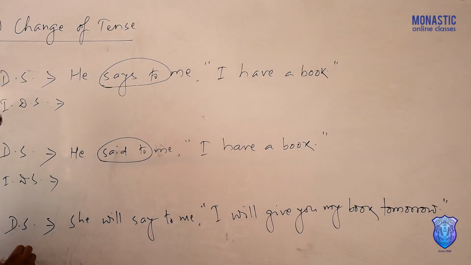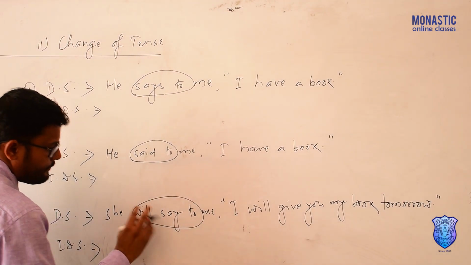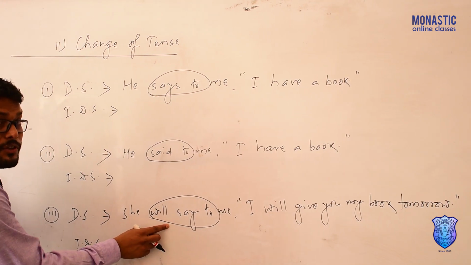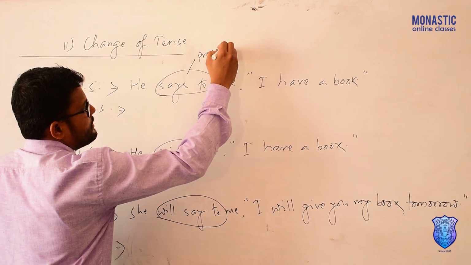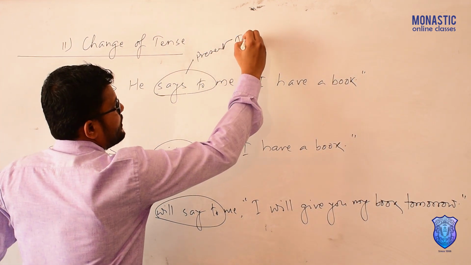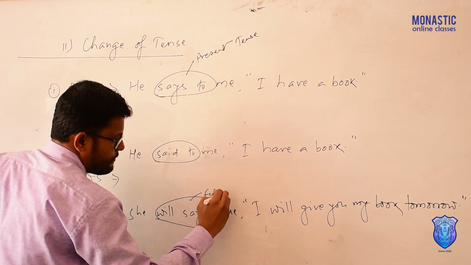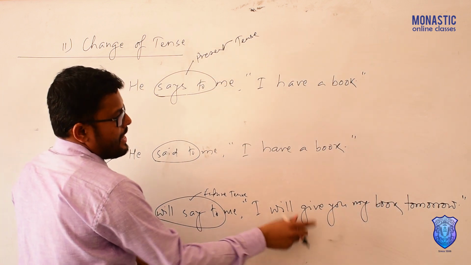You can see that the reporting verb of this DS is in the future tense. So when you find that the reporting verb is in the present tense or in the future tense, we should not change the tense of the reported clause in the IDs.